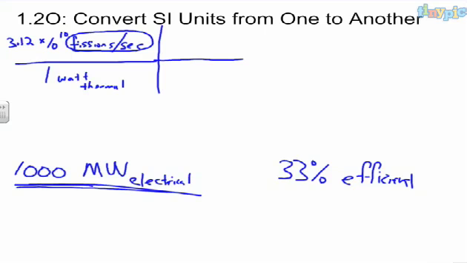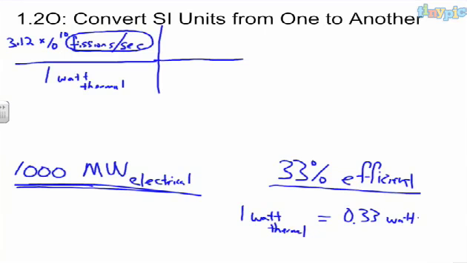So this 33% efficient, what does that really mean? What that means is for every thermal watt of power that we produce, heat power, we only get 0.33 watts of electricity out of it, electrical power. Okay?